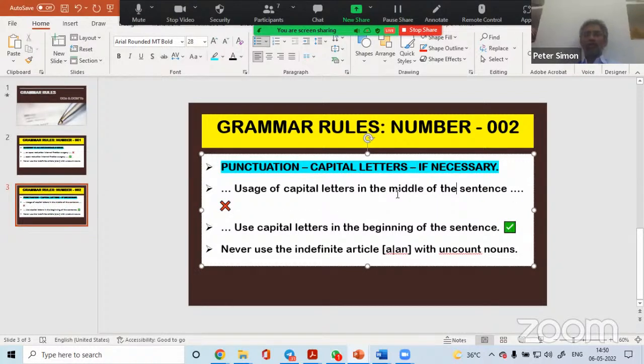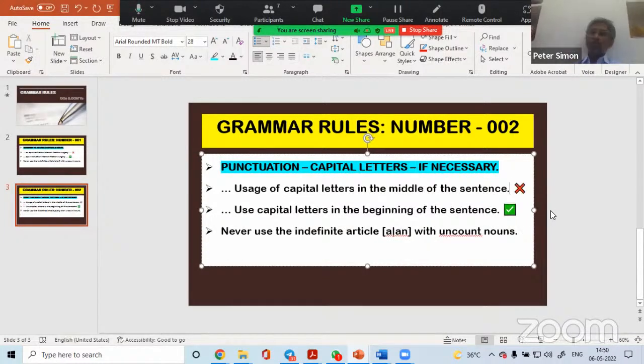Usage of capital letters in the middle of the sentence is wrong. So avoid using capital letters in the middle of the sentence. Use capital letters in the beginning of the sentence. That's all. Next.